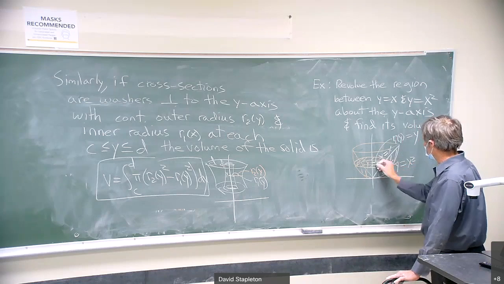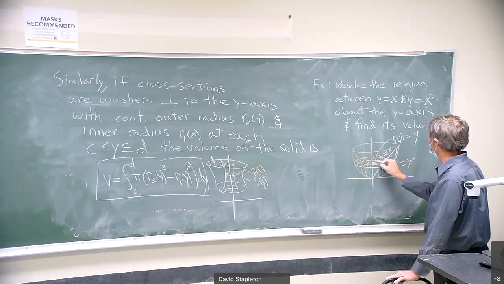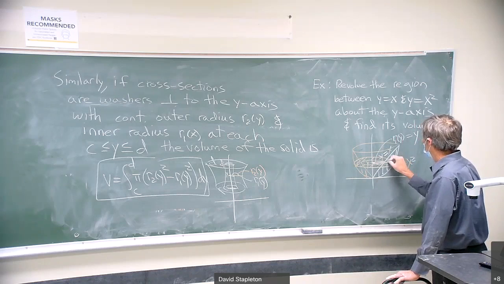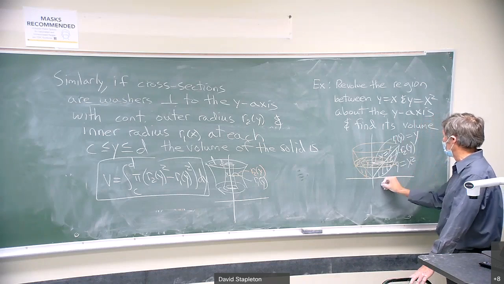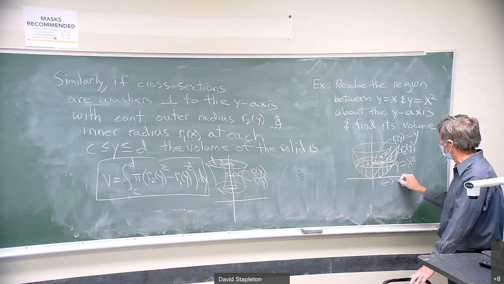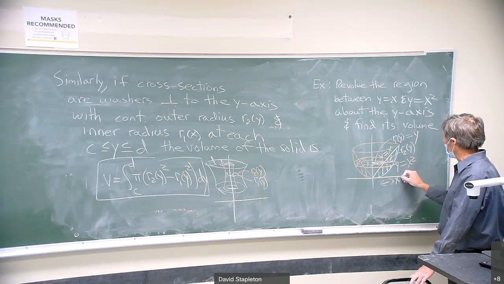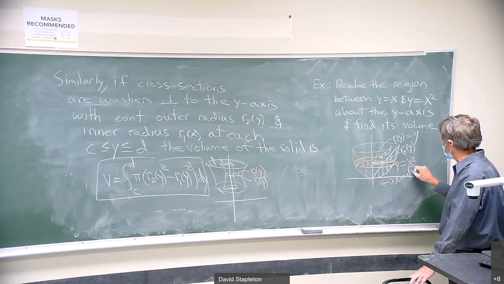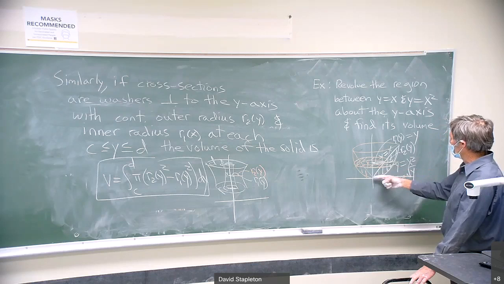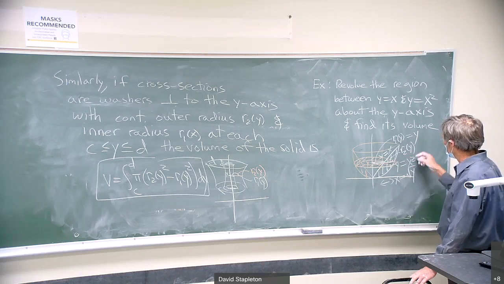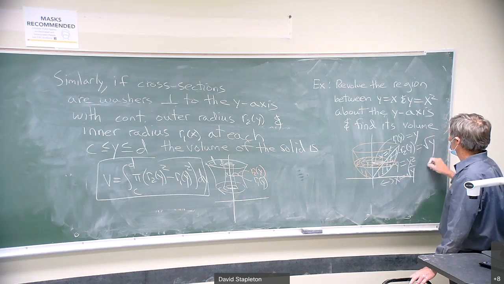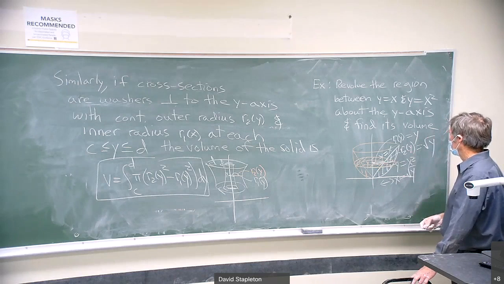And the outer radius, this is the tricky part on this one, R2 of y is what? You have to write x as a function of y, so y equals x squared is equivalent to x equals square root of y. So at each y, the radius is this function, square root y. You have to write x as a function of y to get the radii.